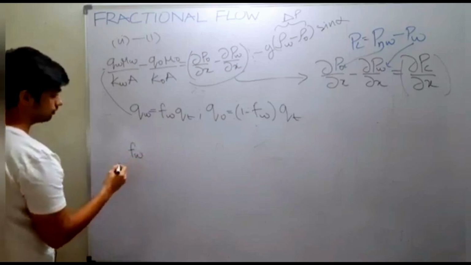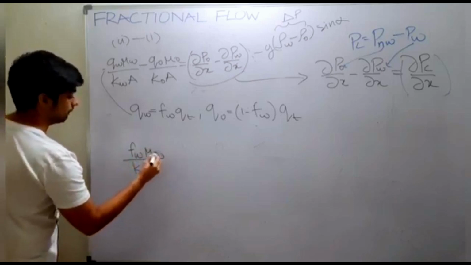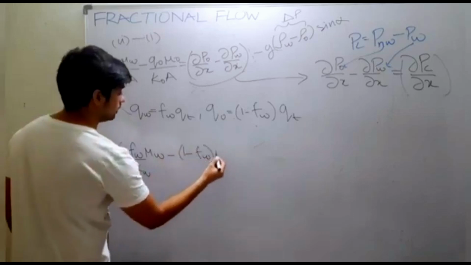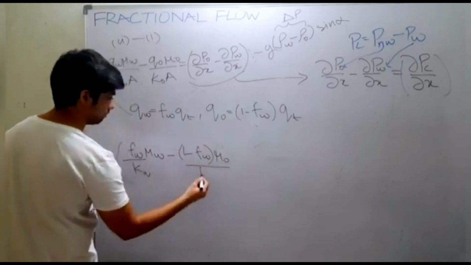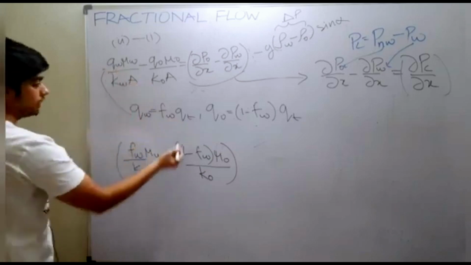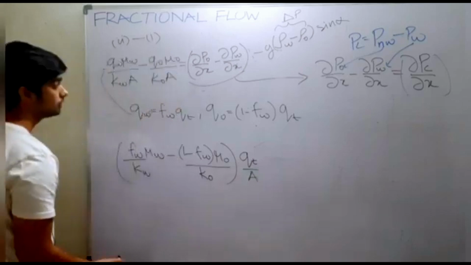Now let us replace these terms. We will get fw by kw mu w minus 1 minus fw into mu o divided by ko. Area and Qt can be taken out. It is the common factor.